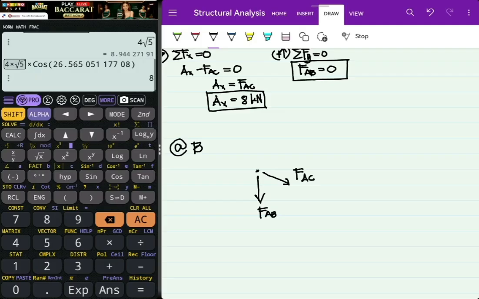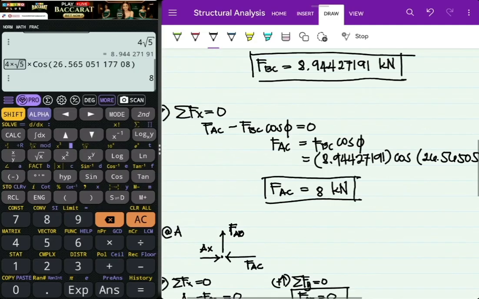Now, since there are 2 forces involved already, but of course, since AB is 0, so we have to resist AC only. Now, for AC, take note that AC is going to the right. Therefore, by inspection, we can say BX is to the left and AC is going down, so BY should be going up.